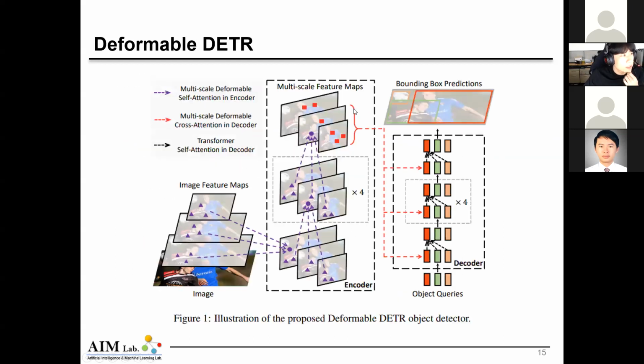And the final paper I will talk about is Deformable DETR, which has totally the same scheme as DETR, but is quite different because DETR has a very big problem: it needs a lot of epochs, time, and computation to train the network.